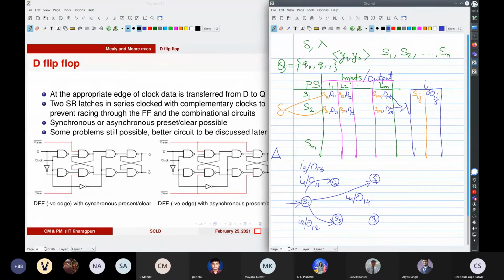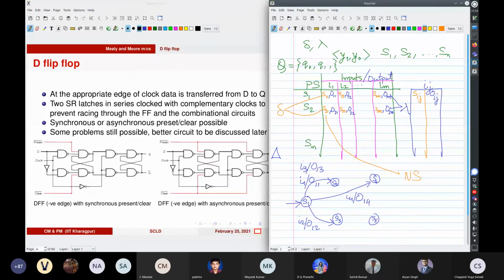In blue I am specifying an output function, and in this orange I am specifying your transition function. So first of all, this should be clear to you, what we are specifying here. These are often called your next states.